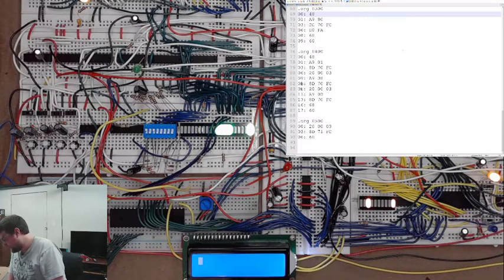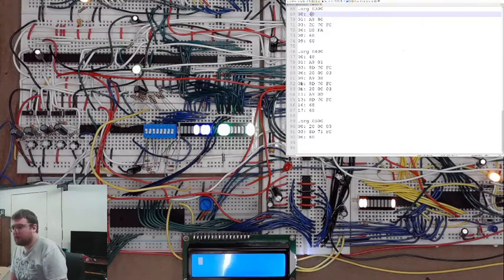There's one LCD axis. Okay, it should be coming up soon with the read. That should be the read.